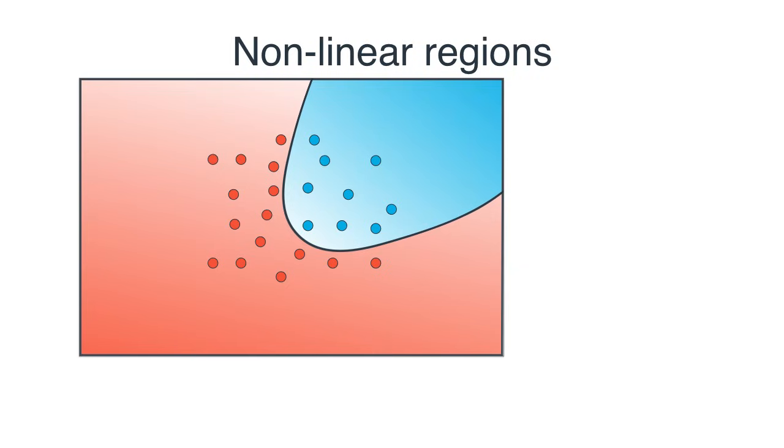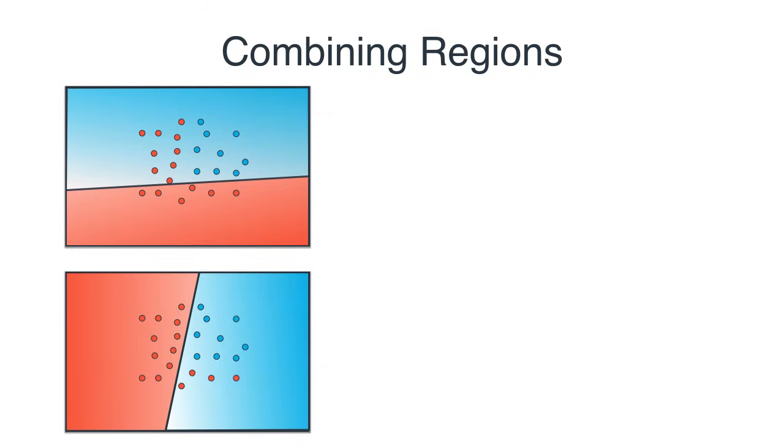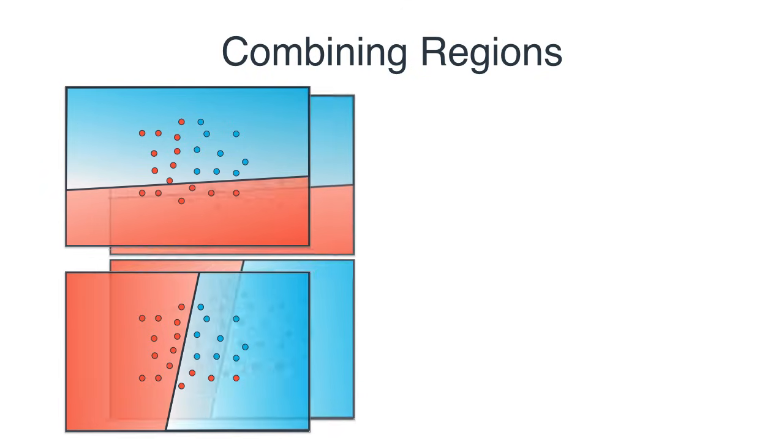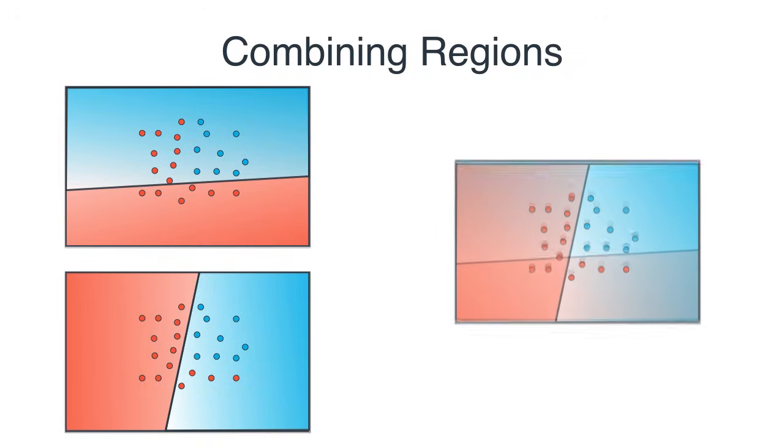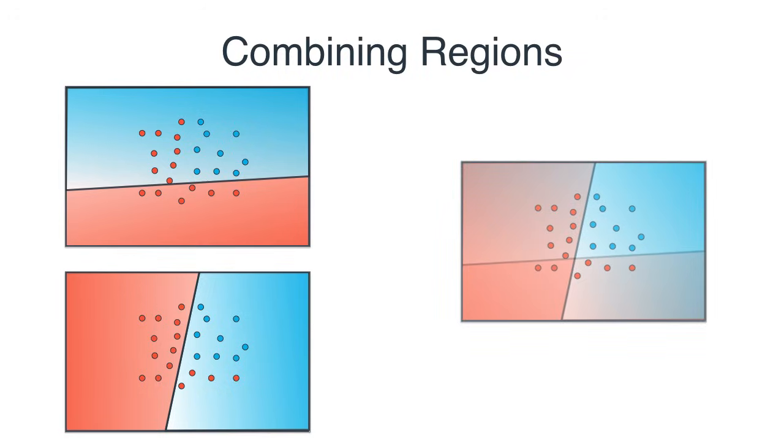Well, let's use what we have. We know how to construct lines. So what we're going to do is take, for example, the line on the top, which is an okay solution, and the line on the bottom, which is also an okay solution, and somehow we're going to try to merge them to get a perfect solution. In the merging of these two lines, we can see that the top right region is blue, and it kind of resembles this.